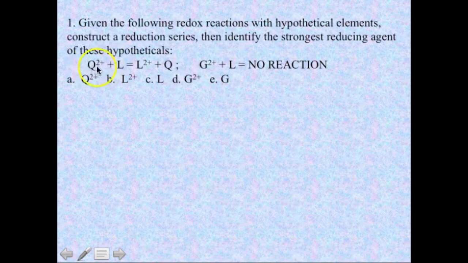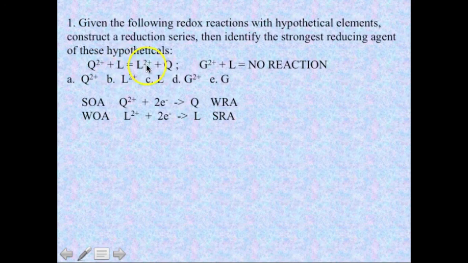So let's take a look at this first one and write each one of these as a reduction. The Q2 plus 2 electrons going to Q, and the L2 plus gaining 2 electrons going to L. That means that the Q2 plus would be the stronger oxidizing agent, L2 plus would be the weaker oxidizing agent.